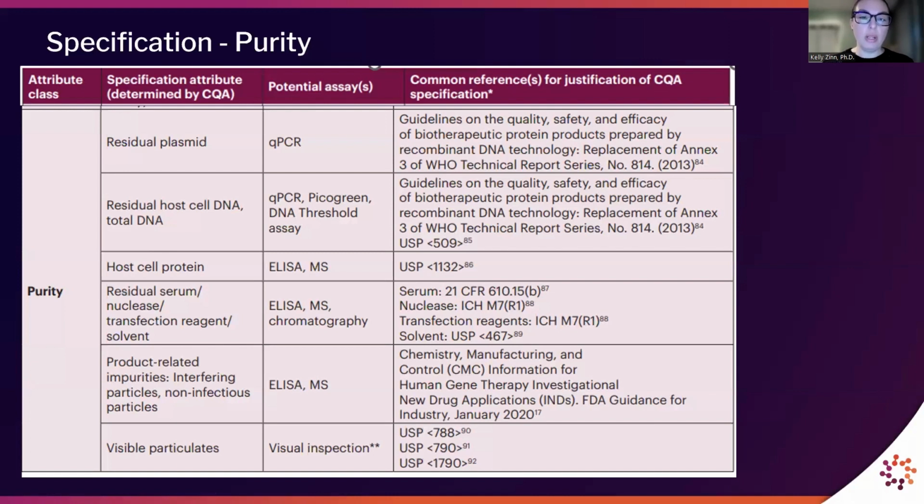So impurities may be derived from the HEK293T host cell system used to generate the lentiviral vector, and these would include residual host cell DNA and host cell proteins. Other impurities to be considered when developing a specification include residual plasmid that's used for transfection and the residual transfection reagents.